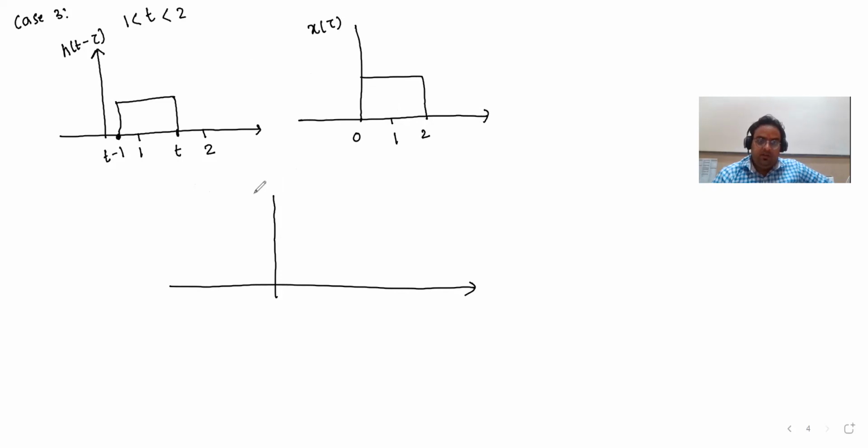Let's say I'll denote x of tau with red. First I will draw x of tau. So x of tau is this 0 to 2. Let us make it a little broader. X of tau is this 0 to 2.